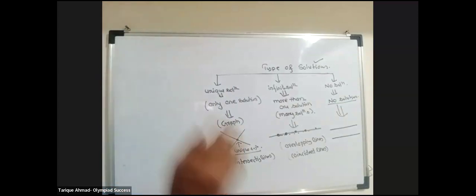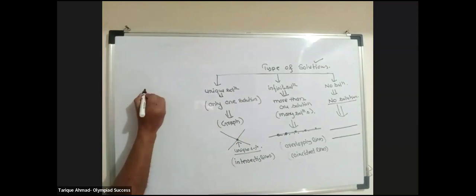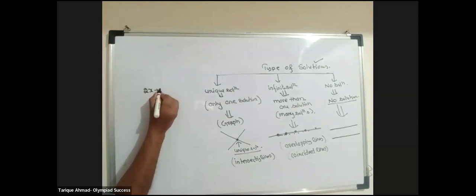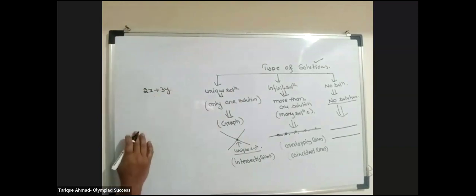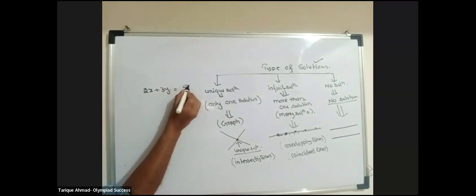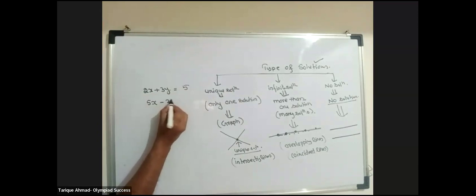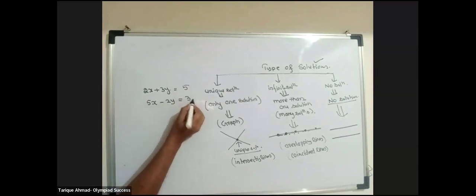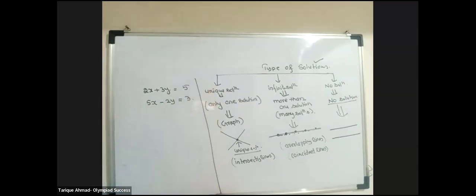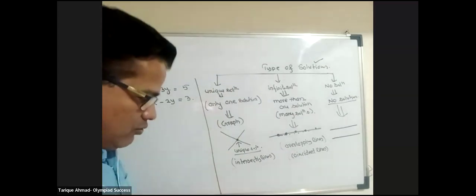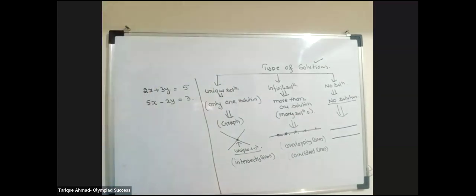Okay. Now, I'm coming to the example. 2x plus 3y equals 5, and 5x minus 2y equals 3. We have to find out what kind of solution this system of equations will give.